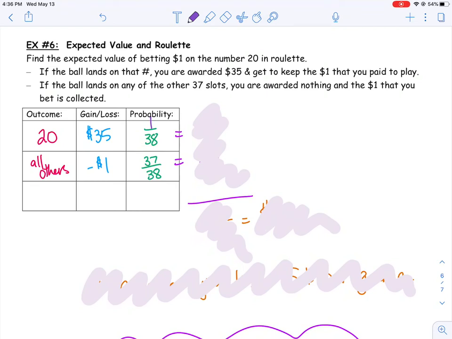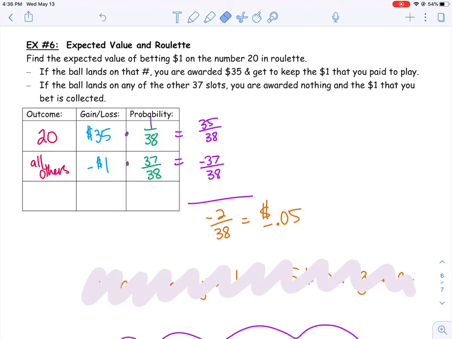What's the probability that I'll land on any of the other numbers? Well, there's 37 other slots out of 38, so 37 out of 38. Now that I have my gains and losses and the probability, we're going to multiply them together. We're going to add them, and I'm going to divide so I can figure out my expected value.